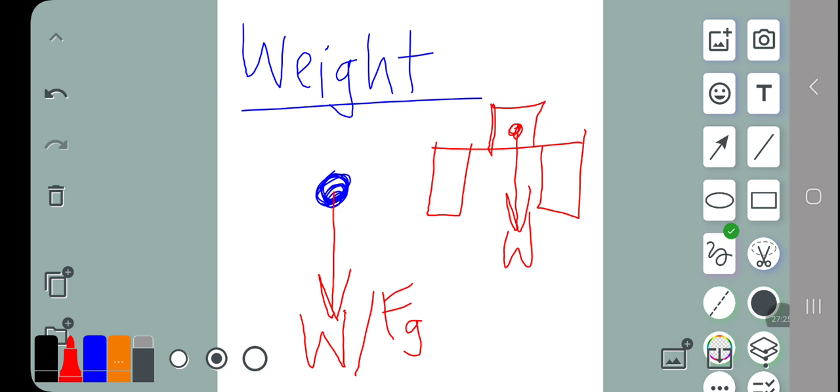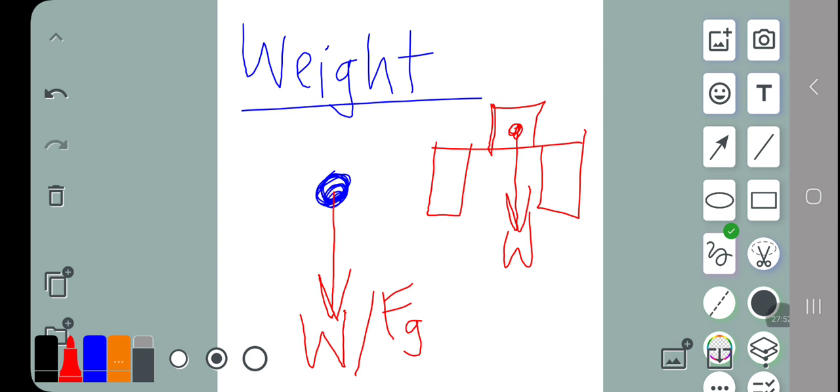Weight is exerted whether there's no surface or there's a surface. Weight is always acting on that object and moving downward to the ground. So that is it, guys.